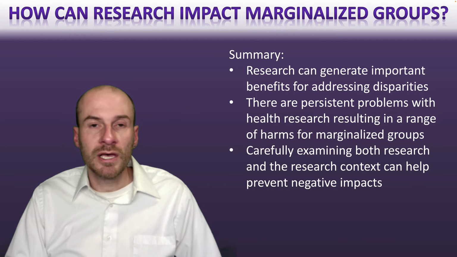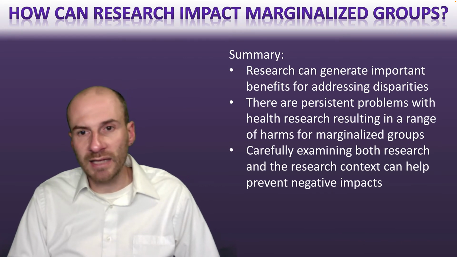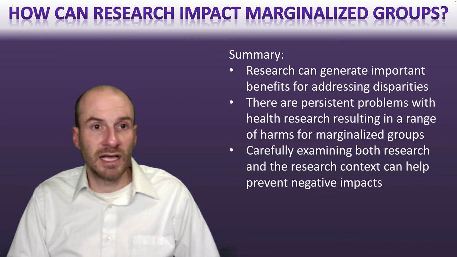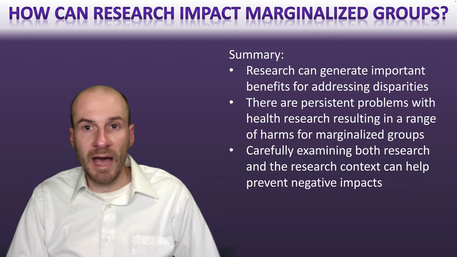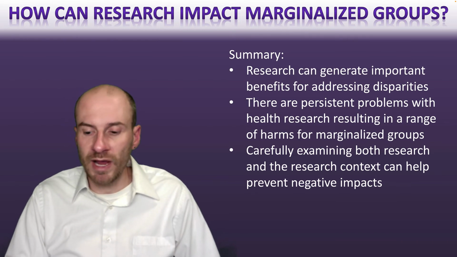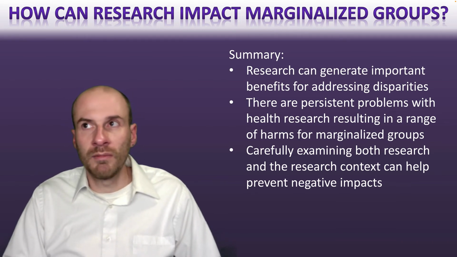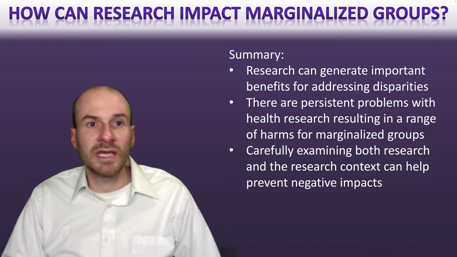We can actually start to shift research practice to make it less likely to have negative impacts and maximize those benefits, right? So it really requires us all to take that seriously and take it on as a responsibility to do that.